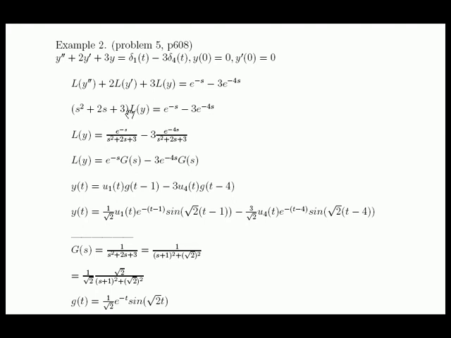And factor out, the Laplace transform of y double prime is s squared Laplace transform of y, since the y and y prime are 0 at 0, so those terms disappear. So you just have s squared plus 2s plus 3 times the Laplace transform of y. Divide by s squared plus 2s plus 3, and you get the Laplace transform of y equals e to the minus s over s squared plus 2s plus 3, minus 3 times e to the minus 4s over that.